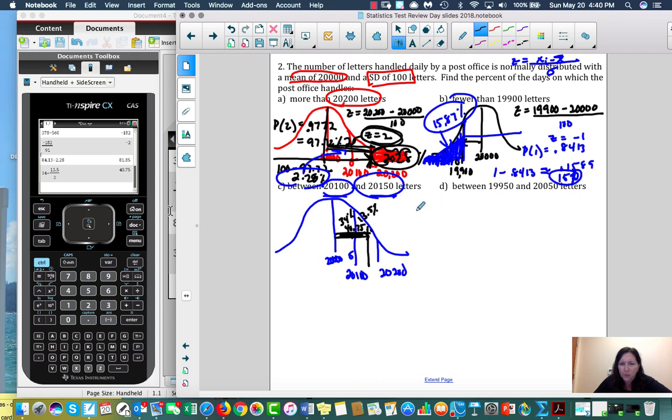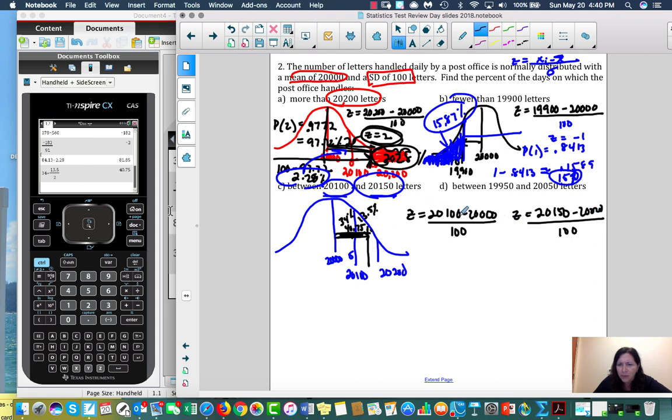So we're going to use z-scores. For the first one, z-score is equal to 20,100 minus 20,000 all over 100. And then the second one is going to be z equals 20,150 minus 20,000 all over 100.